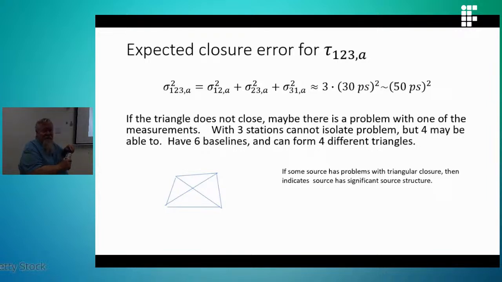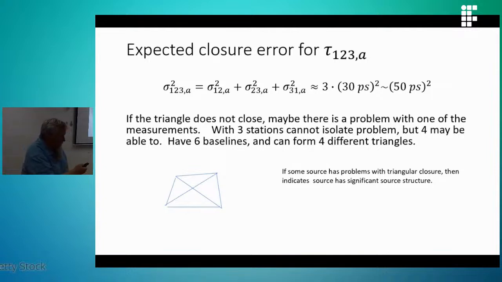If I have something that's much bigger than that, then there's probably a problem with some station or one of the baselines. And if I just have 3 of these, I can't figure out which one it is. But if I have a lot of triangles, I might be able to figure out what it is.